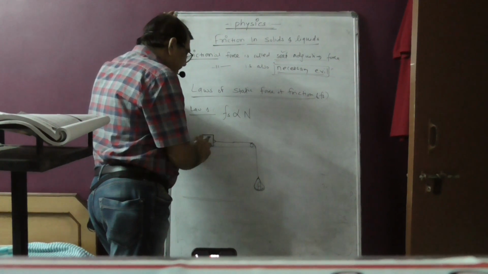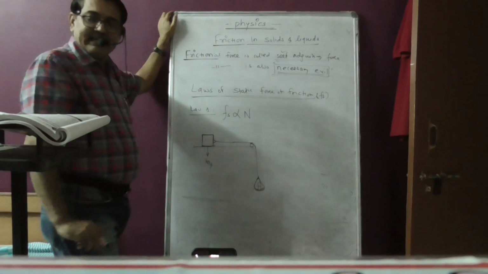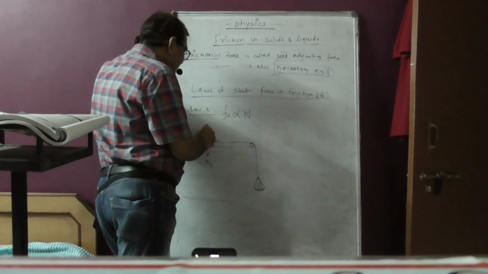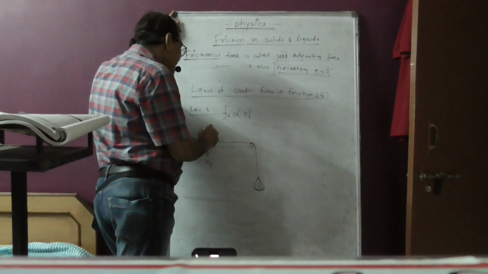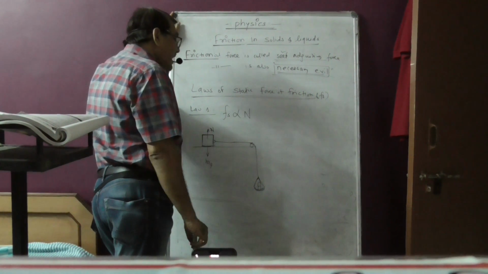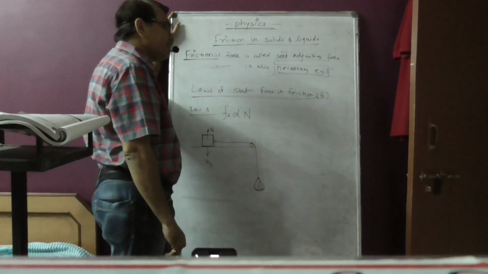The weight of the wooden block kept on the surface acts vertically downward, that is mg, and the normal reaction provided by the surface on the block is N. Sometimes you can also call it R. So that is the normal reaction. Then what exactly do we have to do?